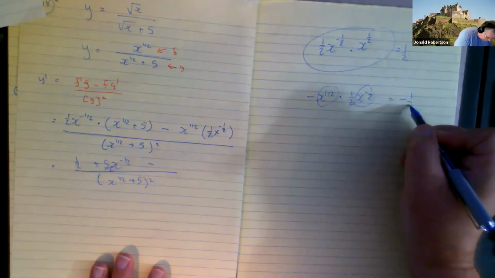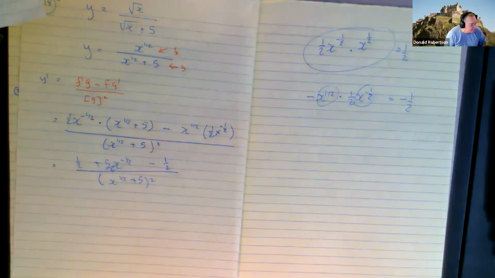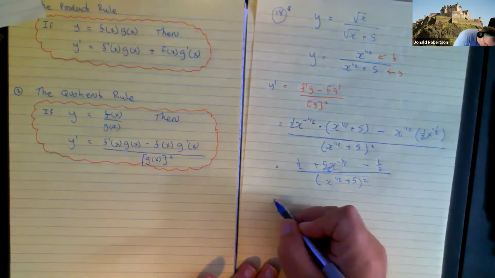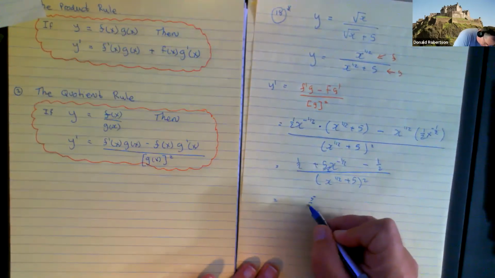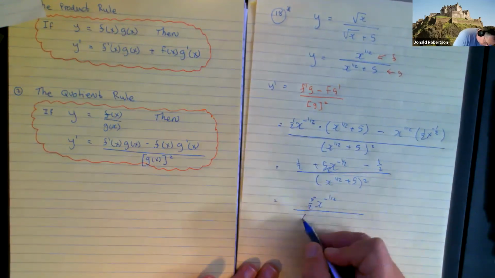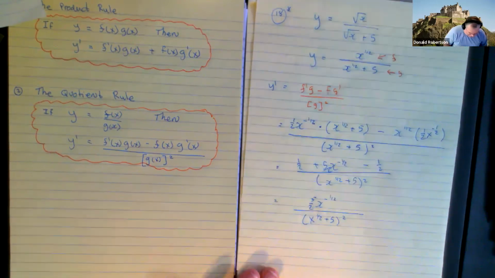And are you okay with the answer being negative 1/2? Are you comfortable with that? Okay, so we now have just one term left on the numerator and one term squared on the denominator.